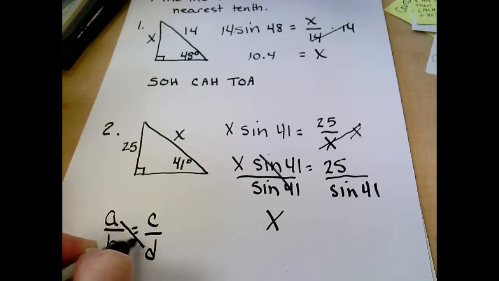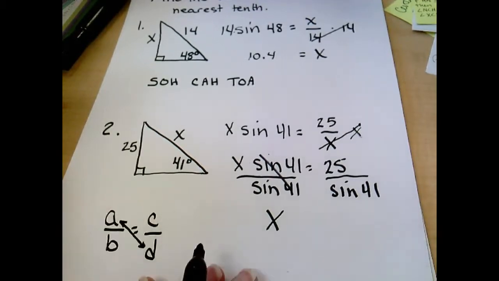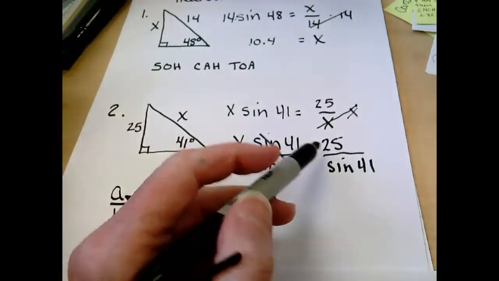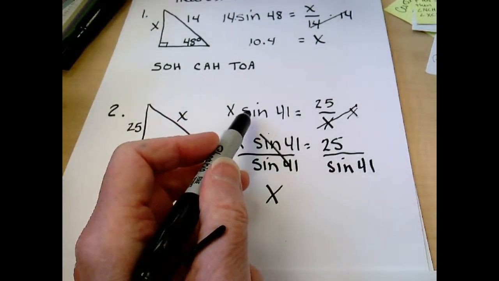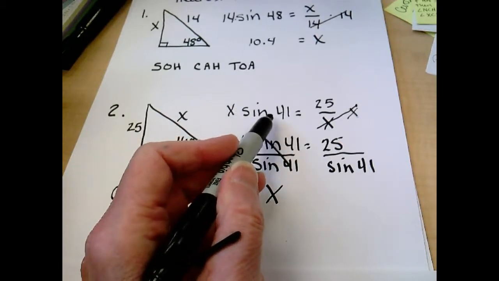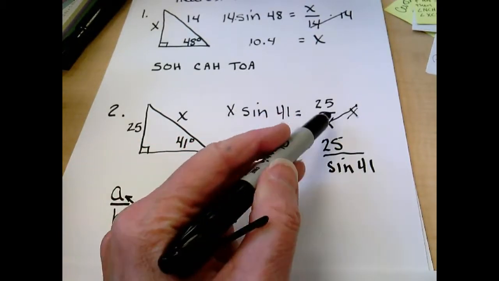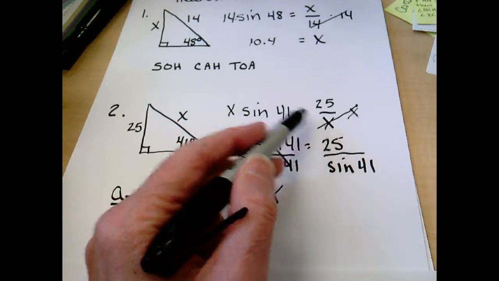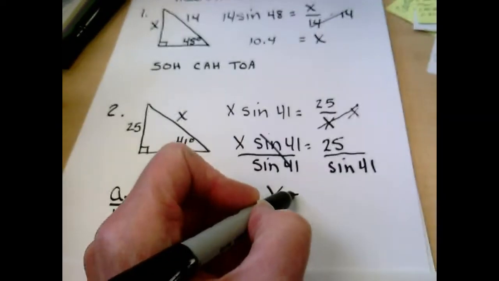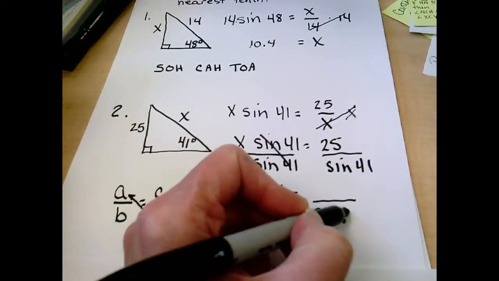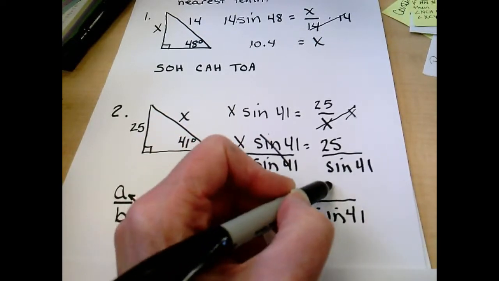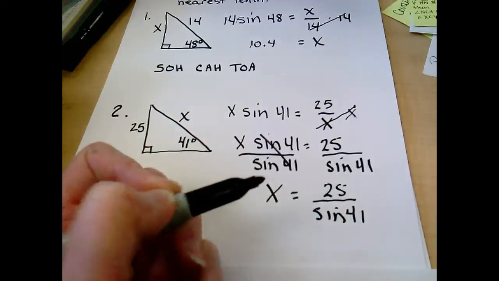Whenever you have proportions, you can always switch what's on the diagonal. I just went through and did the actual proof of it. If I have my sine of 41 equals 25 over x, I can switch those two, move x to the top, and my sine of 41 goes down to the bottom. My 25 stays put.